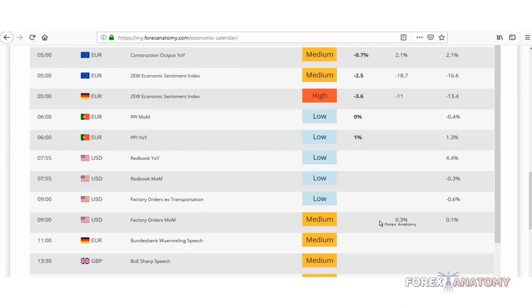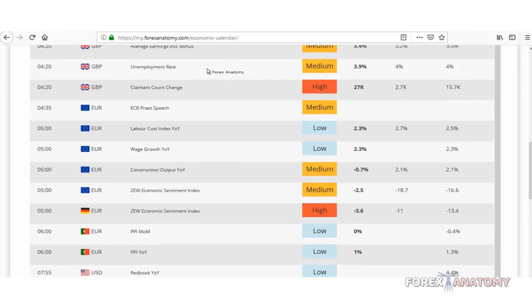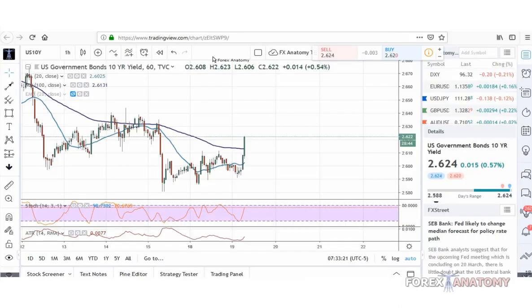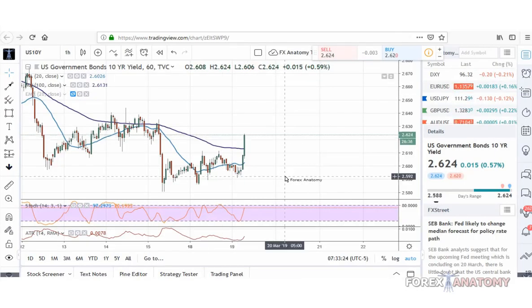But we have to wait for that data to come out. But for today, there's a little bit of relief in the market, and there's a little bit of risk appetite leading into some key announcements later on in the week. But yeah, that's pretty much what I wanted to share.